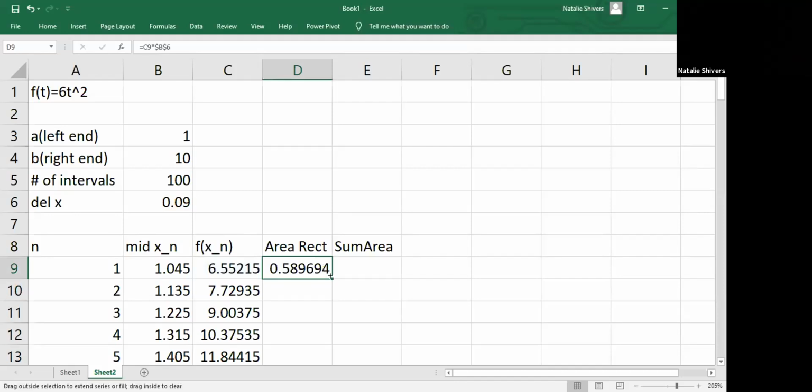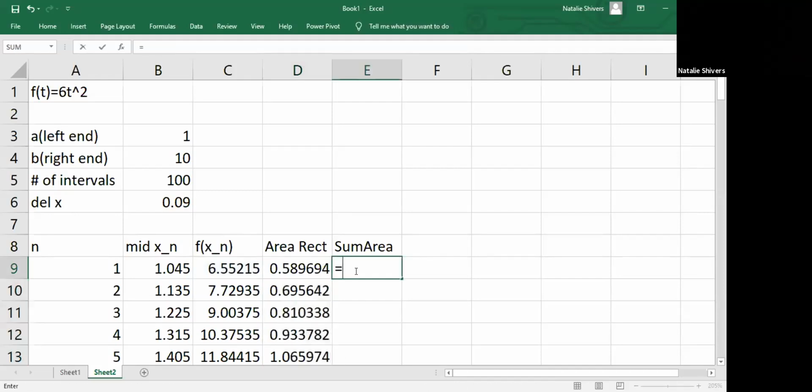The sum of the area is sum, parentheses. We are taking D, $9, holding that one still to D9. Quick filling that down.